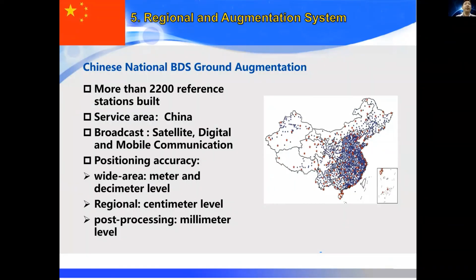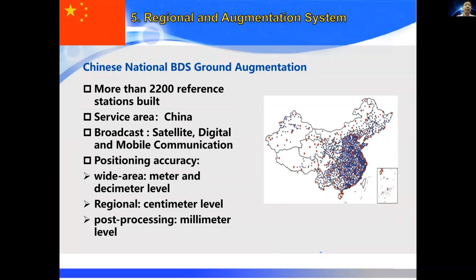And also in China, the Chinese government has set up the satellite augmentation a bit later, but the government has set up the ground augmentation system. They have set up more than 2,200 reference stations, only serving the Chinese mainland. Wide-area accuracy can be meter or decimeter level.